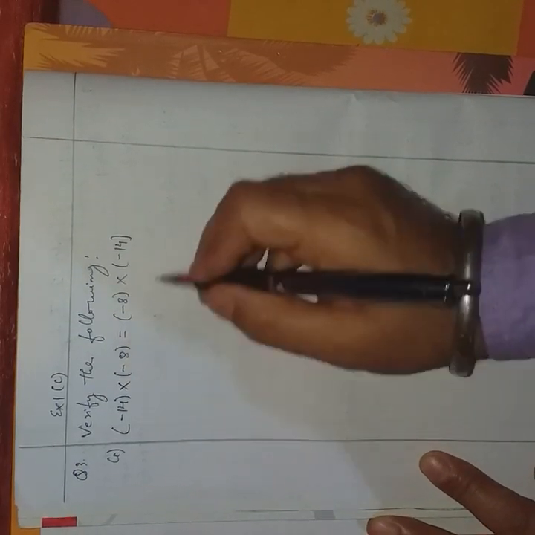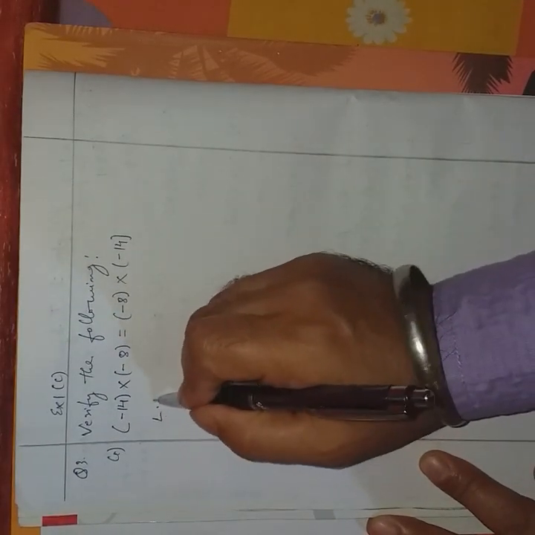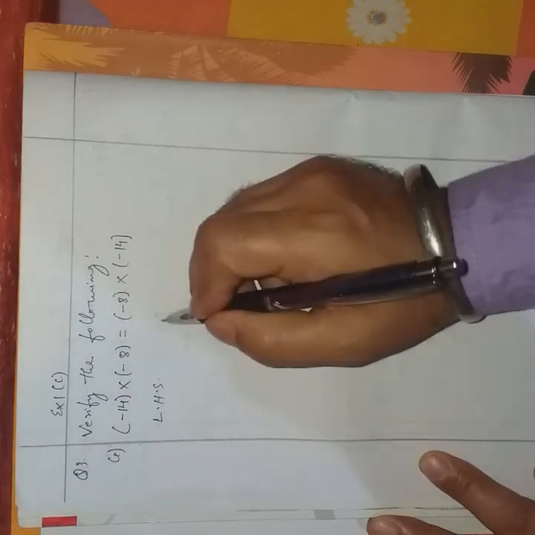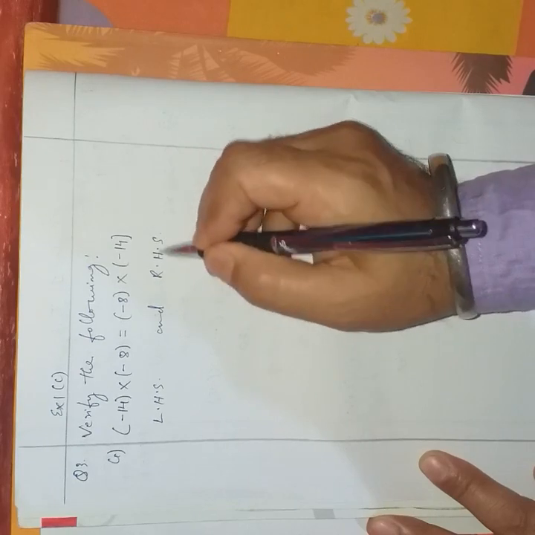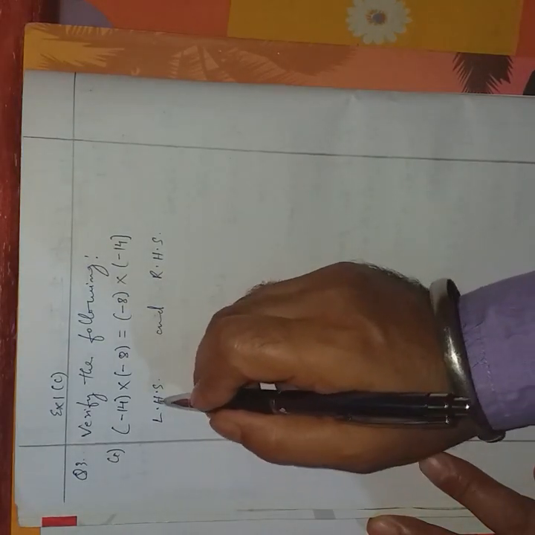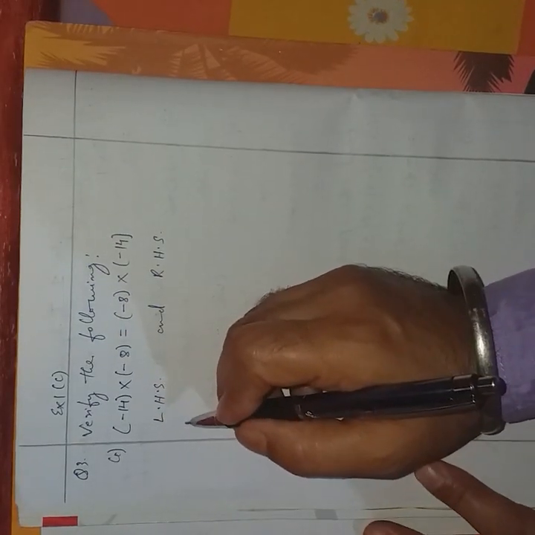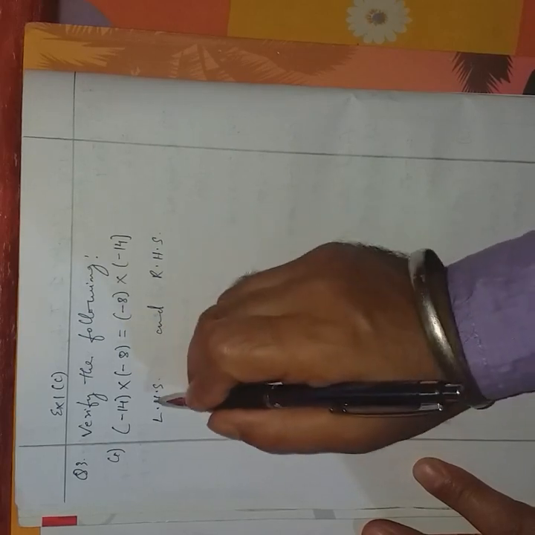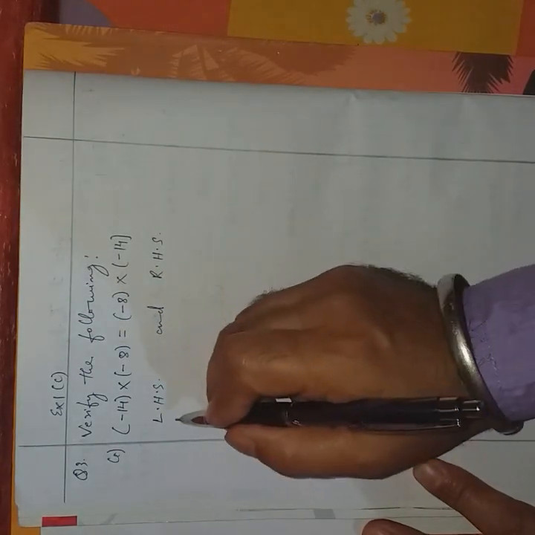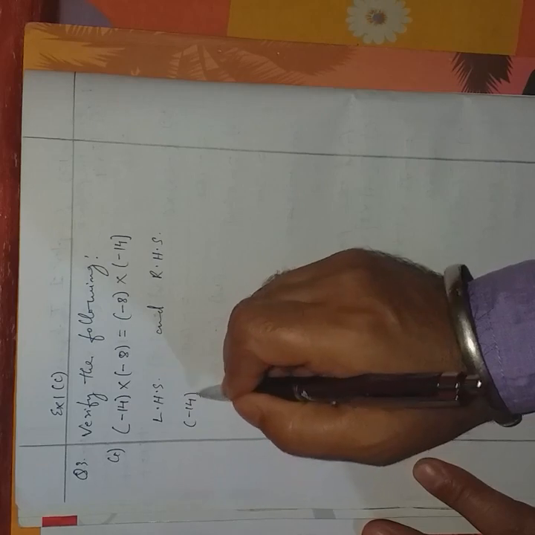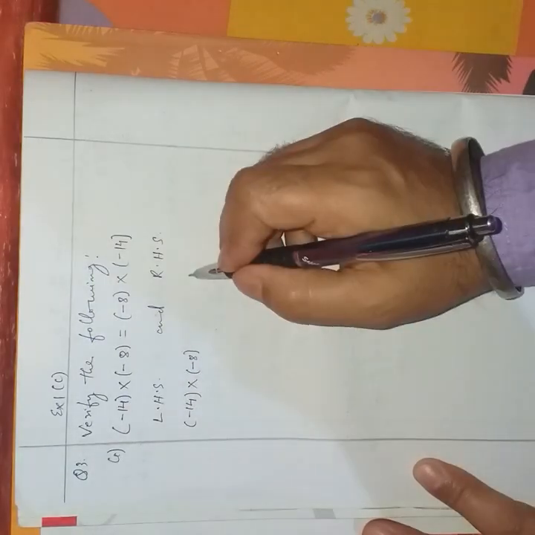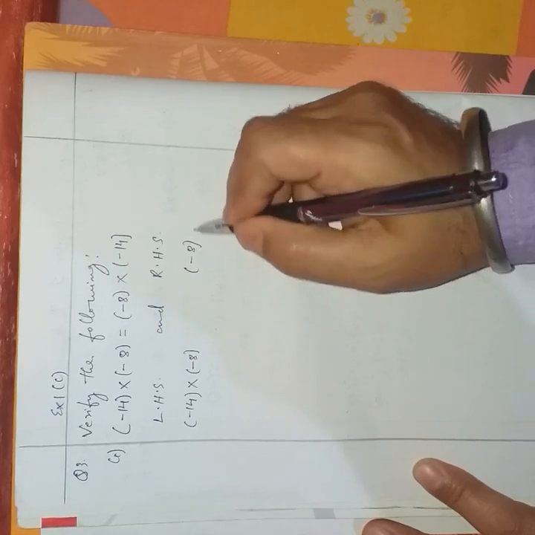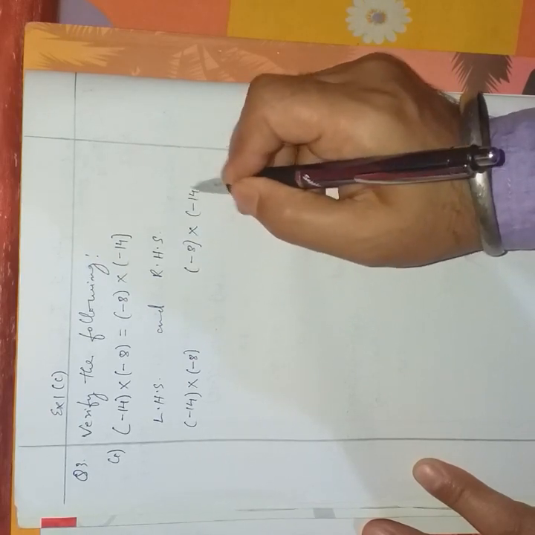So solving both sides together, it's very easy, same like question number 1 and 2, but together we have to solve both sides here. So minus 14 into minus 8, and this side is minus 8 into minus 14.